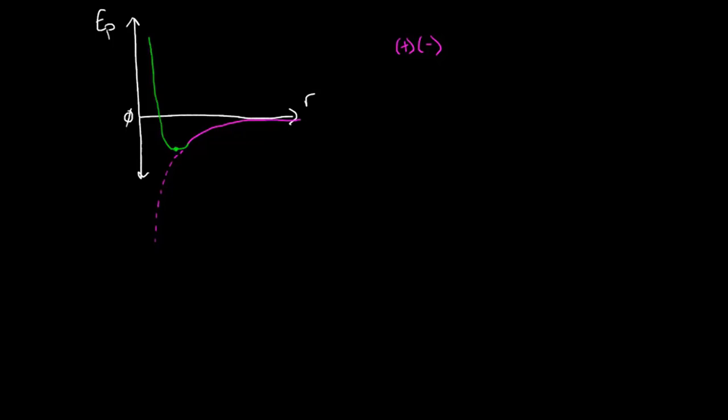And the distance where we have the most negative potential energy, this radius corresponding to the most negative potential energy, is the distance that these molecules actually are in their most stable interacting form.